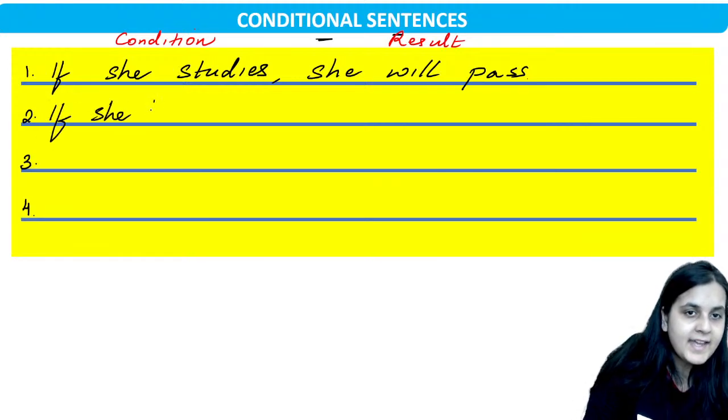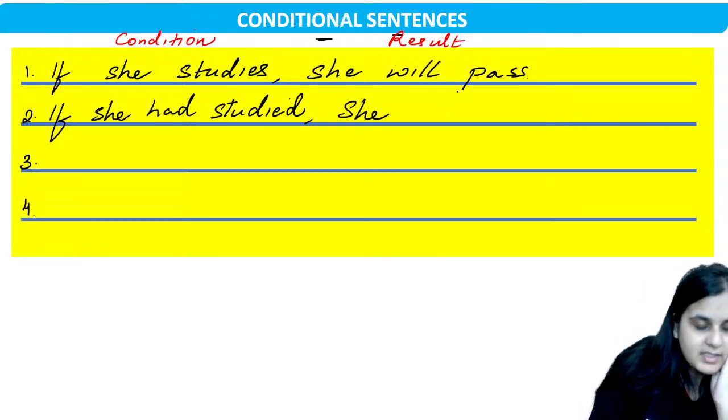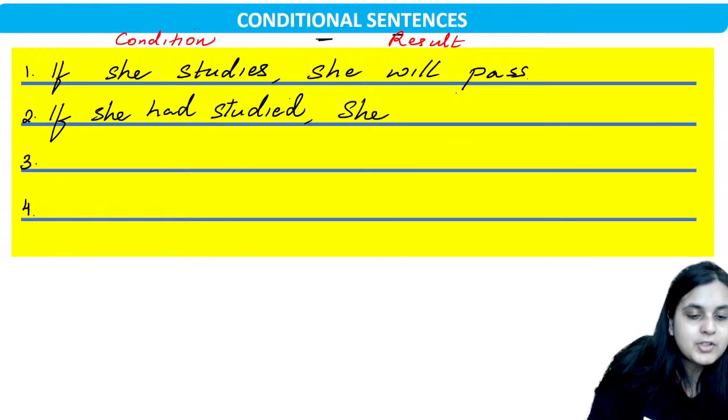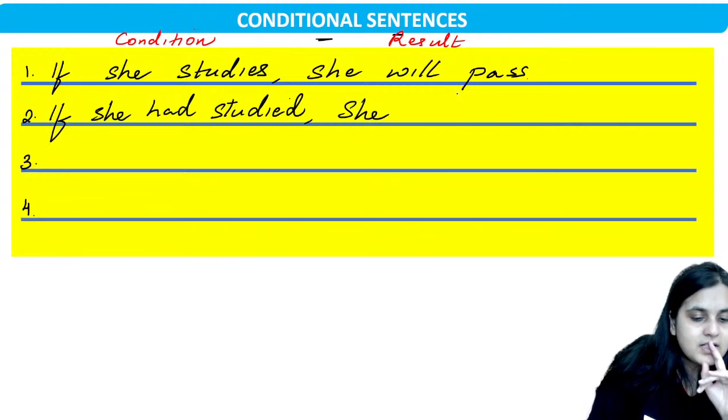If she had studied. Now, can you complete it, guys? Suppose I give you a conditional sentence. If she had studied, she, what will you use? If she had studied, then what will you do? Come on, complete it. What would be the result clause? Come on, waiting for you to complete the result clause.